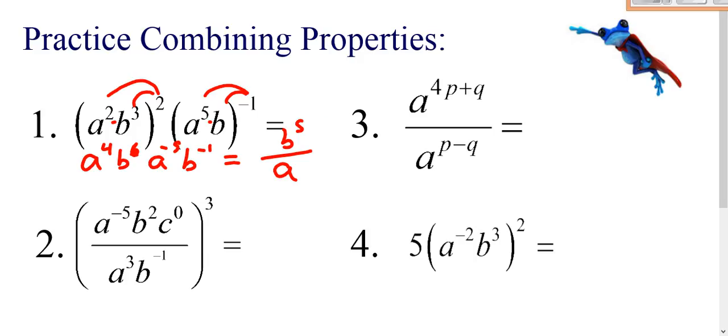All right. And you're combining all the rules. Distribute it. It's only multiplication and division going on, so you can distribute.